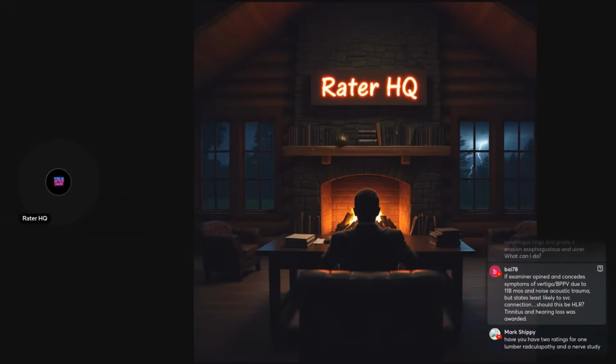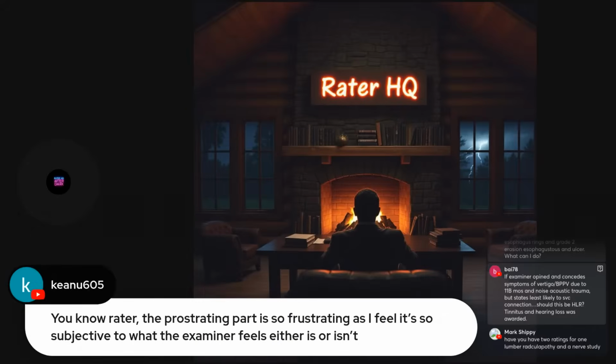Then we talked about the GED. I agree with this. The prostrating part is so frustrating because it's so vague. You have to convince the examiner of something that's completely subjective. There's no test for prostration, right?